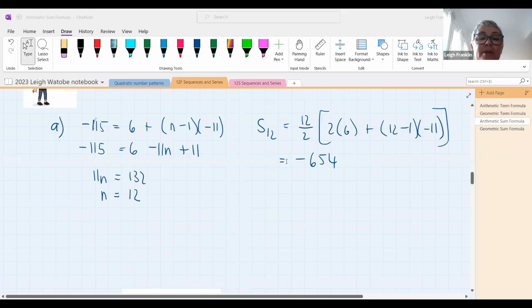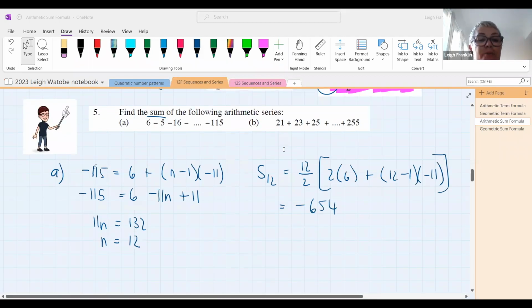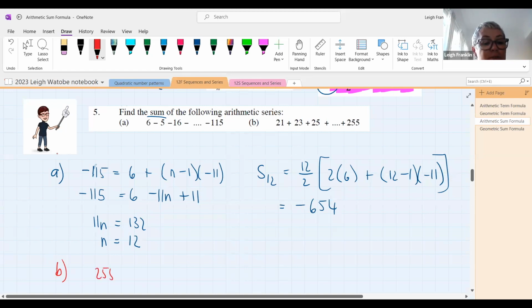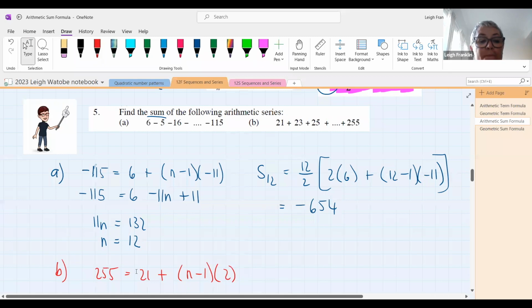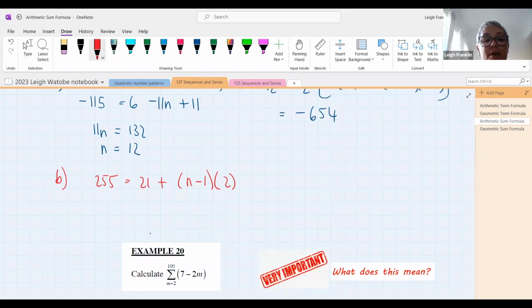I see there are some correct answers coming through, so that's really nice. As far as part B was concerned, again, we would have had to take 255 and let it be equal to 21 plus n minus 1, and our d in this case is equal to 2. Now we need to work out the number of terms.